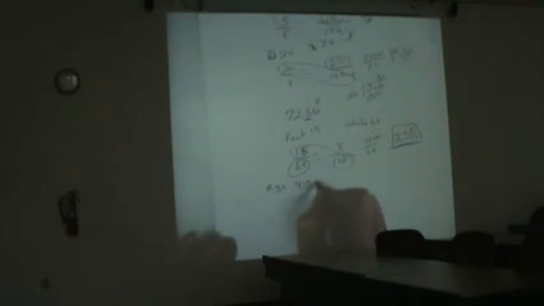Number 36 has a fraction on it, so let's check that one out. Number 36 says 410 pallets is 33 1/3% of 1230. Okay? Actually, oh, I didn't want you to solve it. I was going to help you solve it. It says just to put that into a proportion and you don't have to solve it, so that's not as bad as I thought it was going to be.